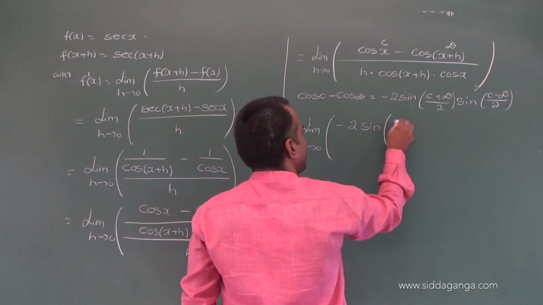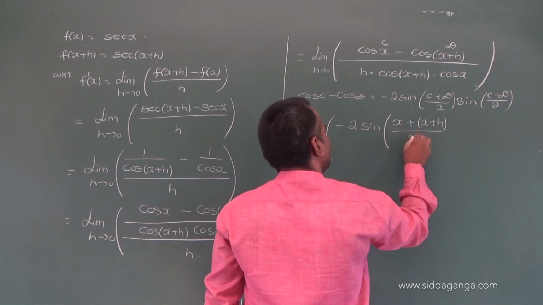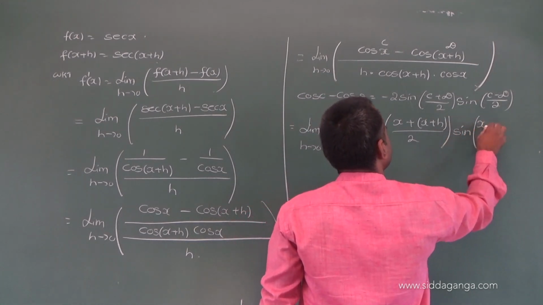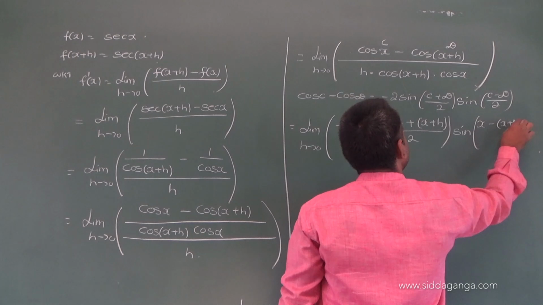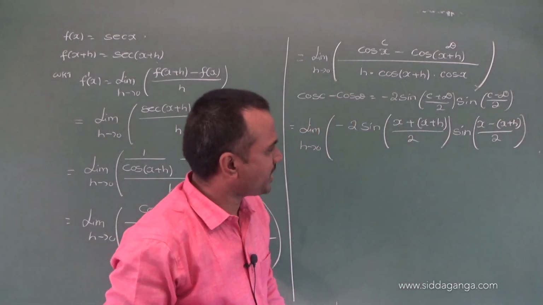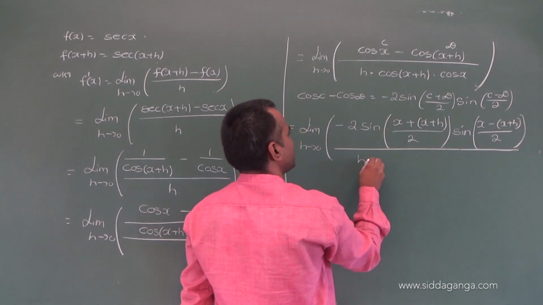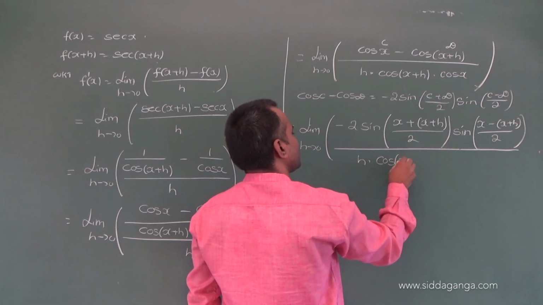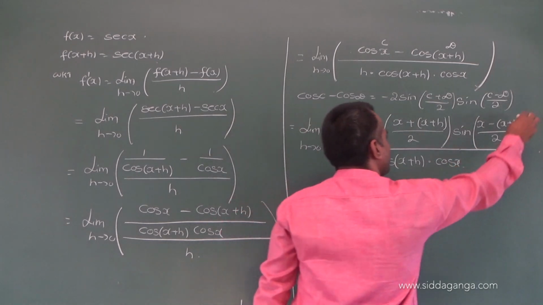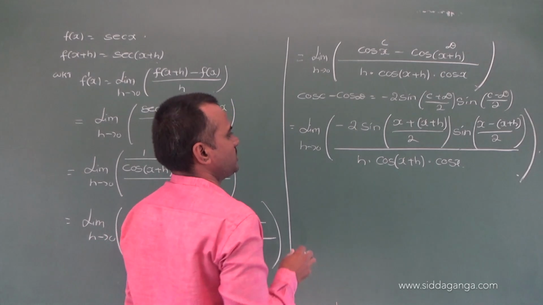Minus 2 sin of C plus D by 2, that is x plus x plus h by 2, into sin of x minus x plus h by 2, whole divided by h into cos of x plus h into cos x.